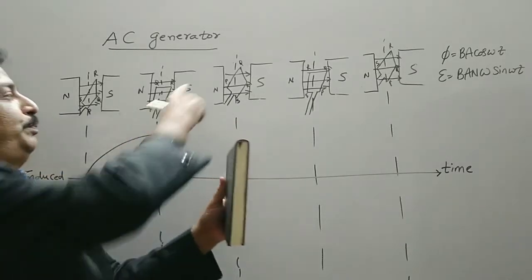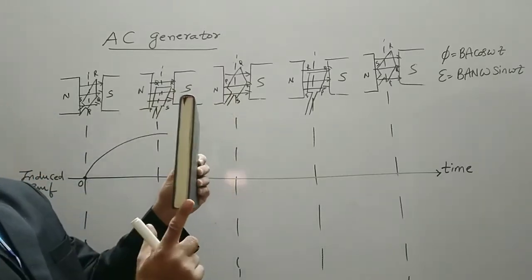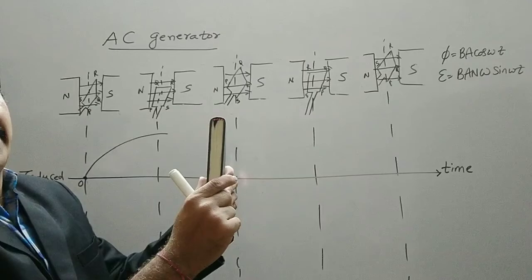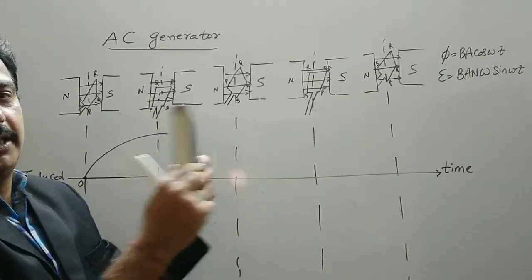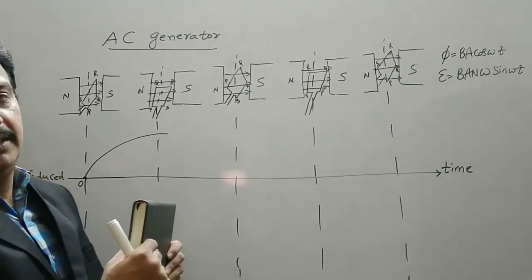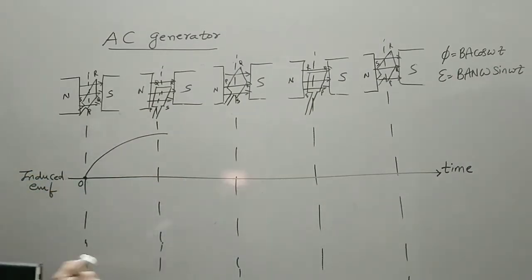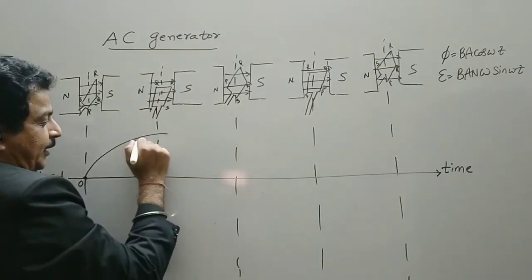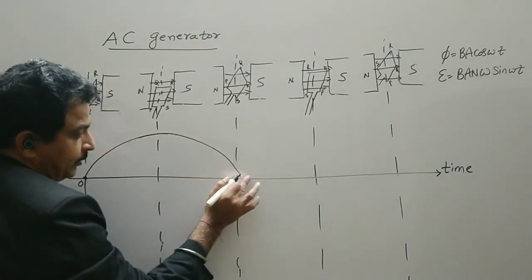It comes like this. So this is P and this is S. This is 180 degree. Again the flux becomes maximum. So we have rotated from 0 to 90 degree, then 90 to 180, sin 180 is 0.